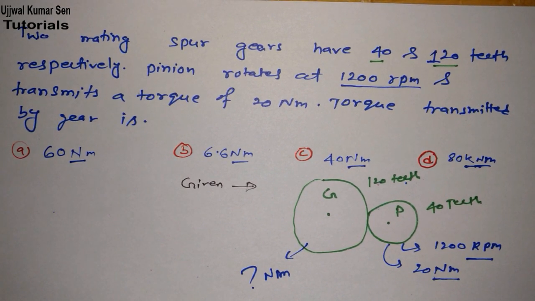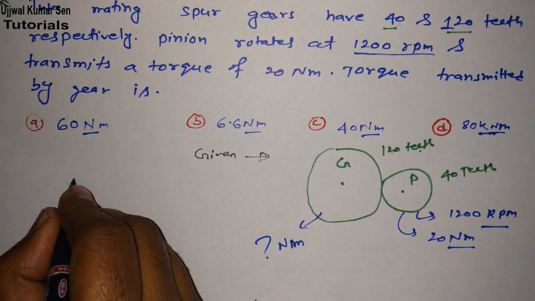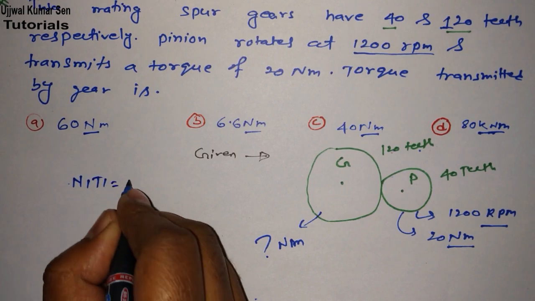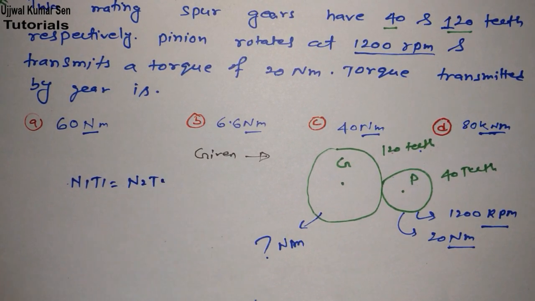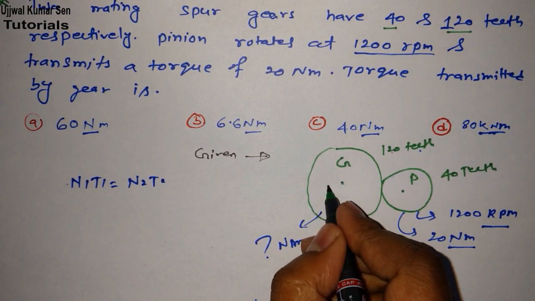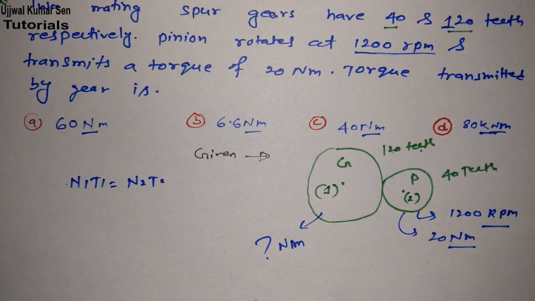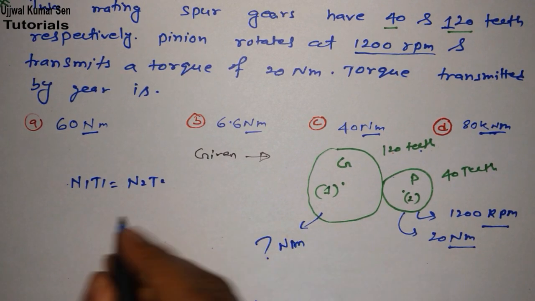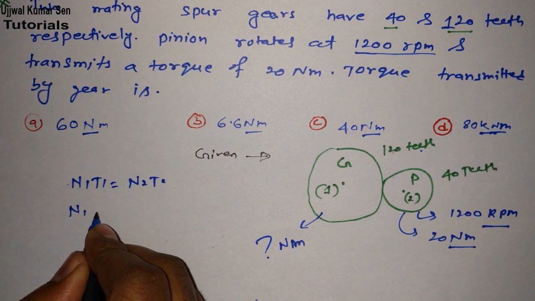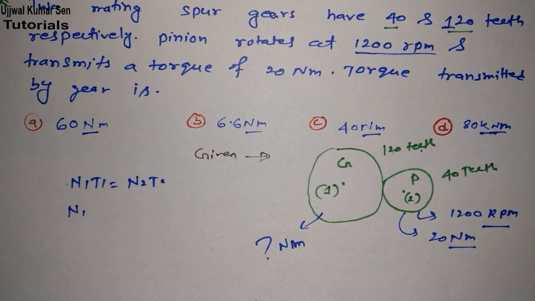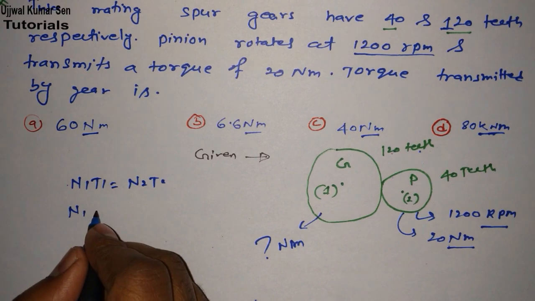So the best thing, we have to use both the relations, right? The first relation I have shared with you, N1 T1 is equal to N2 T2. Let's say 1 is representing the gear and 2 is representing the pinion. So don't get confused in that case, right? For 1, we don't know, we need to find out N1.